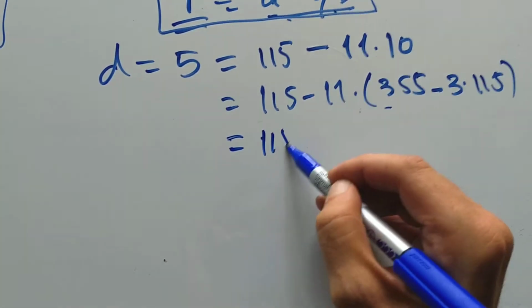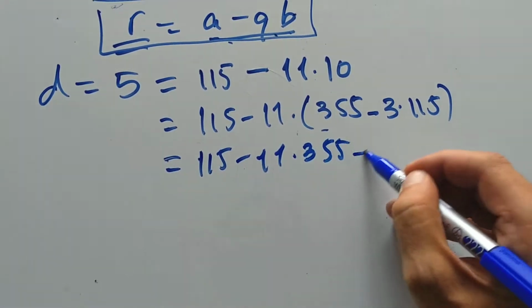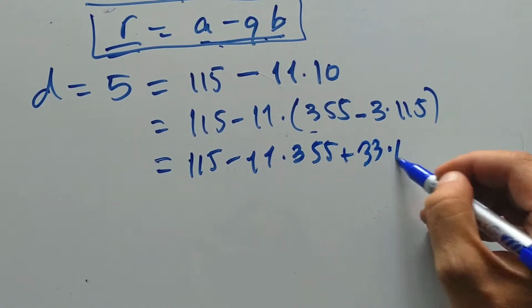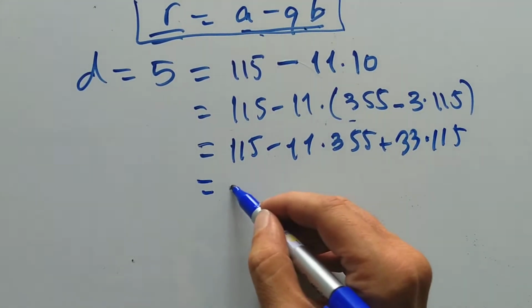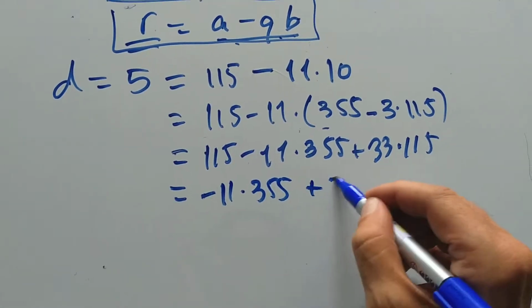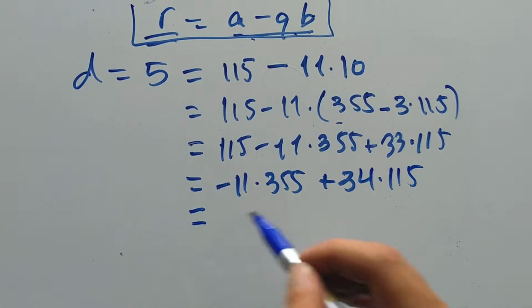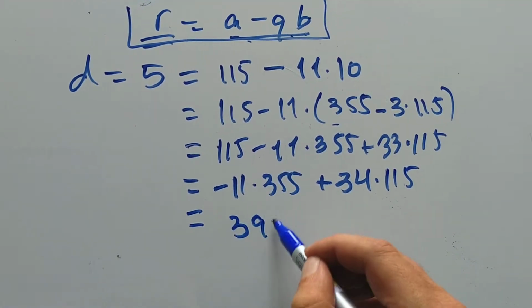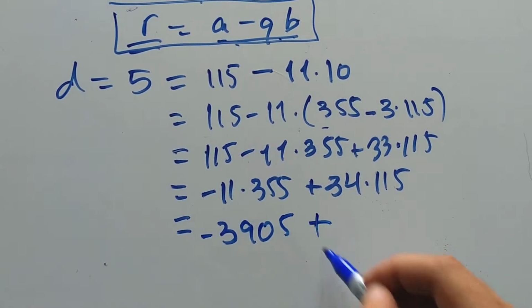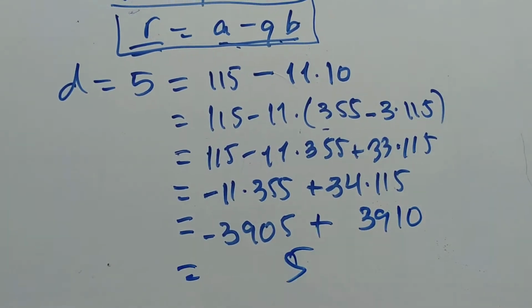Now I have 115 minus 11 times 355 plus 33 times 115. I end up with minus 11 times 355 plus 34 times 115. Now, minus 3,905 plus 3,910, total is 5.